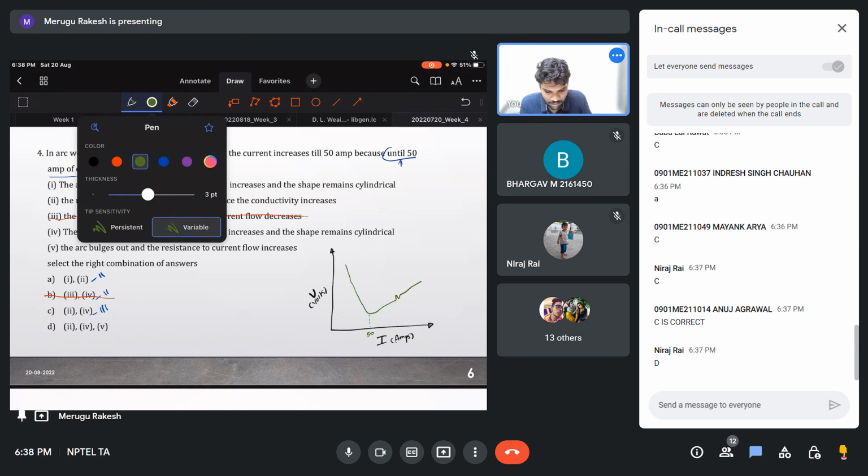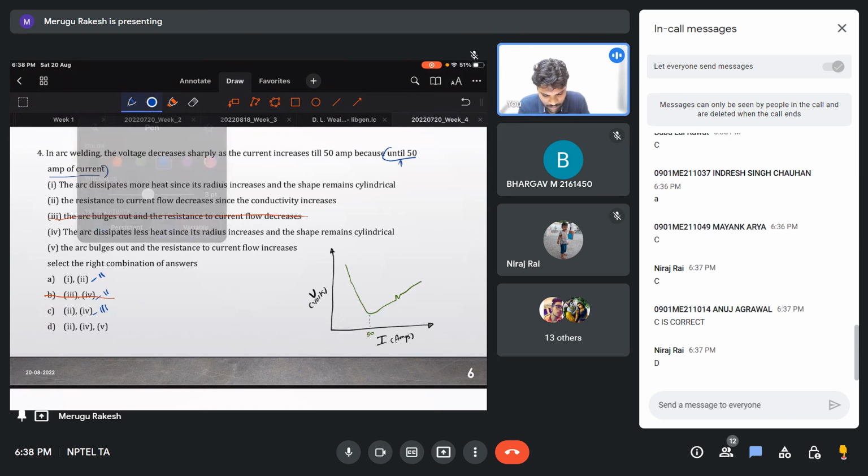I think people answered all the options. There is one vote for option D also. Remember, I have mentioned this formula: resistance is equal to resistivity into length by area. This is what we can apply here.